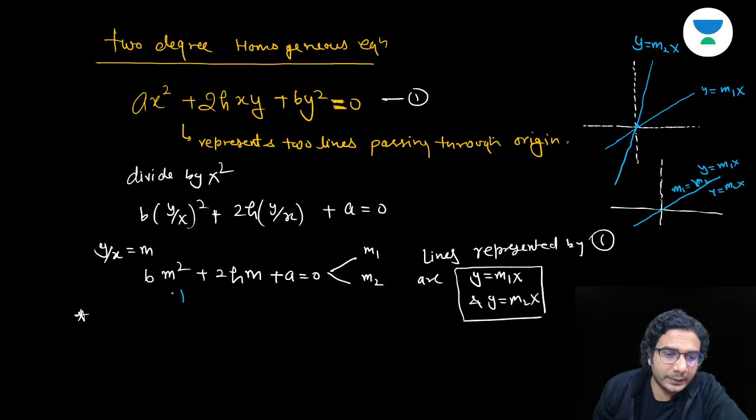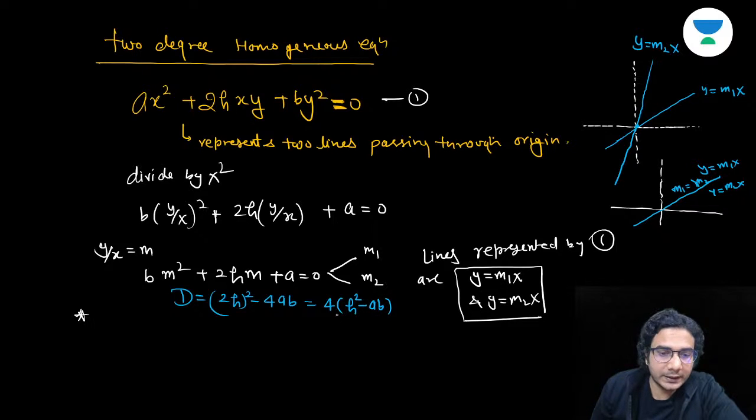If I write the discriminant of this quadratic, then discriminant is 2h the whole square minus 4ab. We know the condition of real roots of a quadratic. So you can write this discriminant is 4 times of h square minus ab. Now you can see this is what I was saying, that we take 2h so that we get expressions like this. This is now the main thing on which sign of discriminant depends.